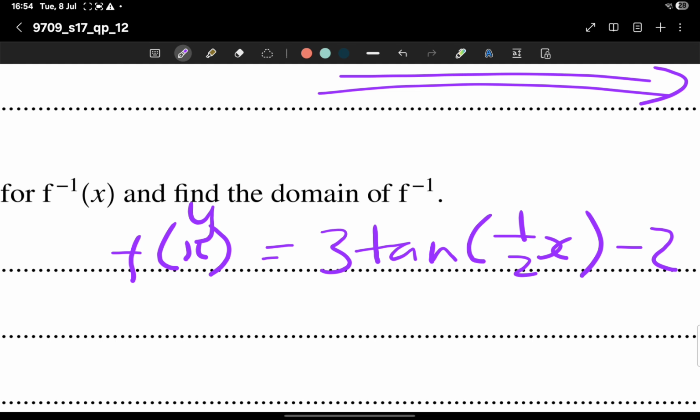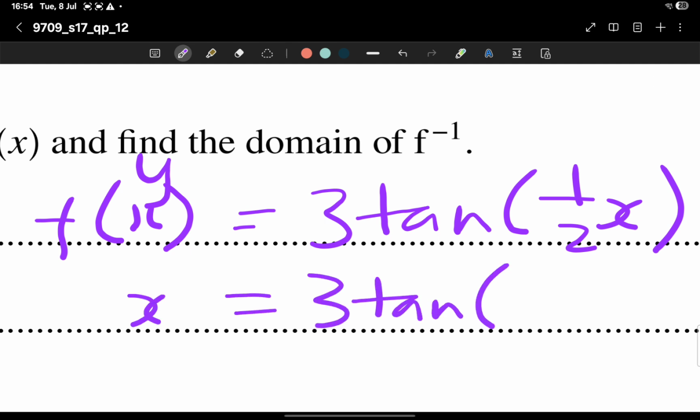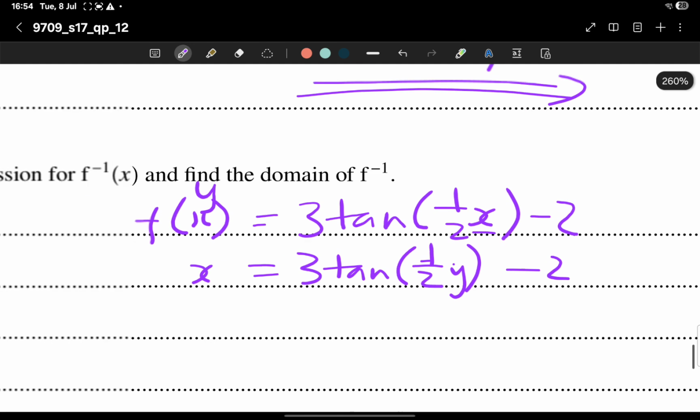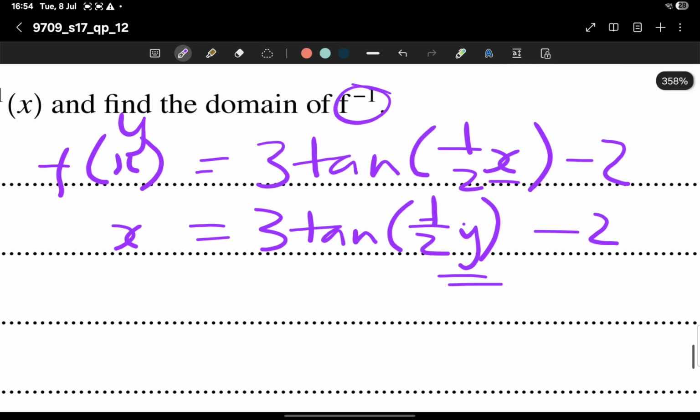We are going to place y for x and x for y. By that I mean where we have y here, we use x, and where we have x, we're now using y. Then we try and make this y the subject, and the expression that we get is the inverse.